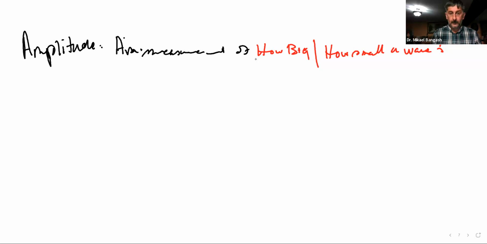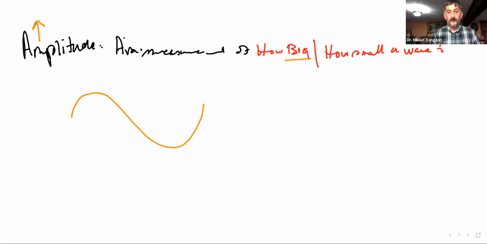Clear? Now let's take two examples. If we have, for instance, a big wave, this is a big wave because it has a big amplitude.